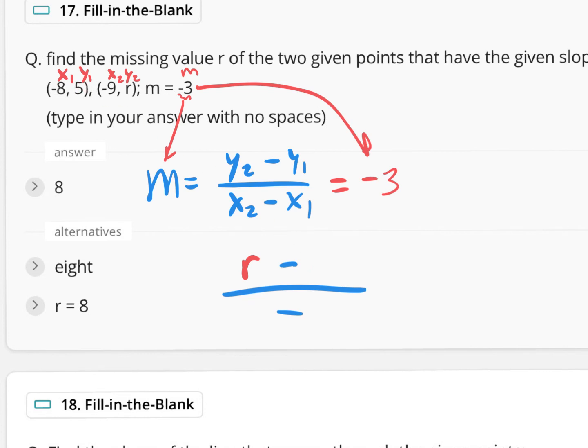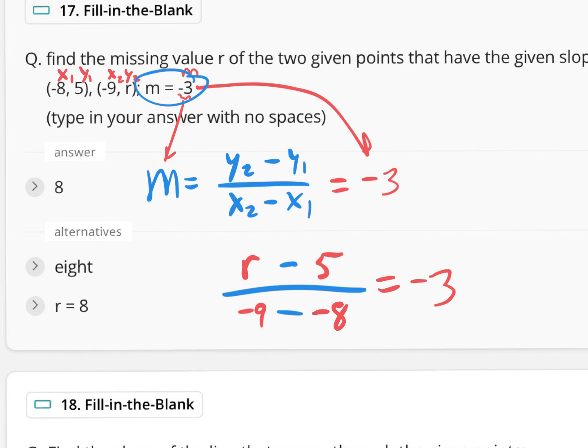I'm going to put a 5 right there. My x2 is -9. I'm going to put it down here, -9. And my x1 is -8. I'm going to put it down here on the bottom right corner, -8. And of course, this is equal to the actual answer of slope, which is -3. So I have a -3 over here.